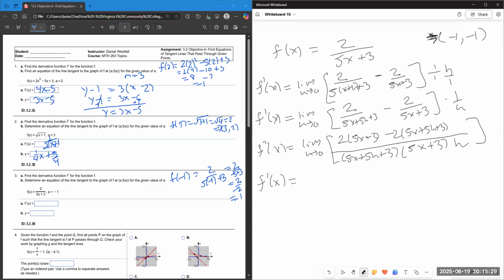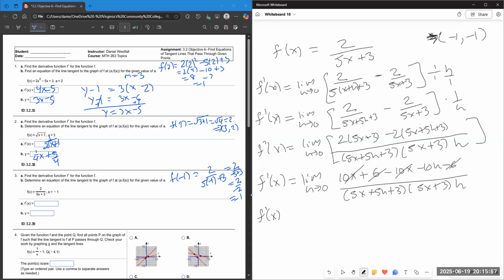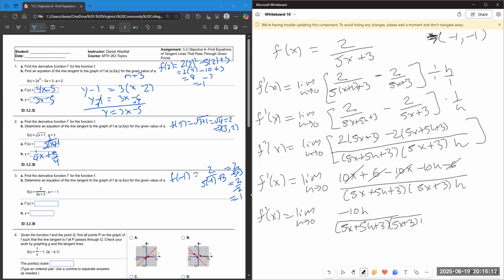f prime of x is equal to the limit as h goes to 0 of 10x plus 6 minus 10x minus 10h minus 6 over (5x plus 5h plus 3) times (5x plus 3) times h. 10x minus 10x is 0. 6 minus 6 is 0. f prime of x is the limit as h goes to 0 of negative 10h over the quantity 5x plus 5h plus 3 times 5x plus 3 times h.